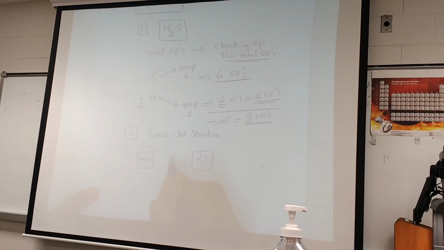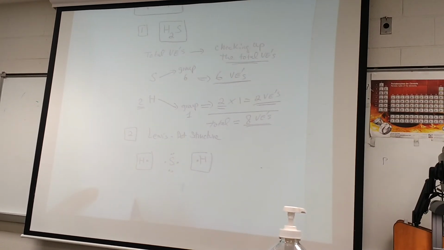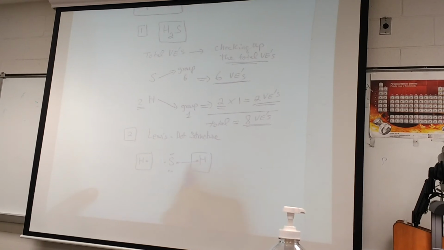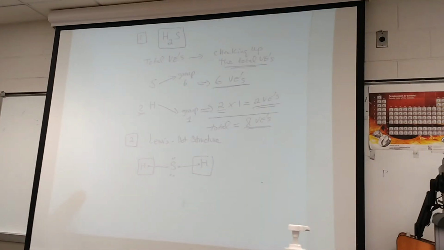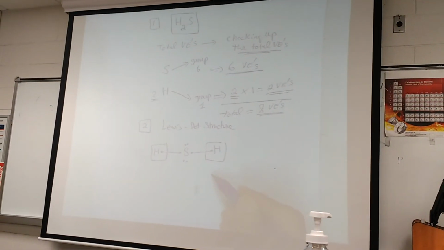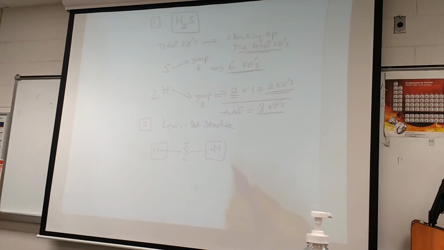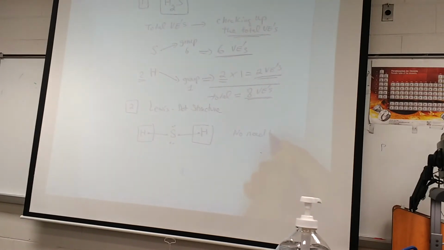And the sulfur, how many did you say? 6. So it has 2, 2, 2 and 2 here. And then I'll start connecting those together, single bond. Are we interested in the octet rule? No. You don't have to consider it.